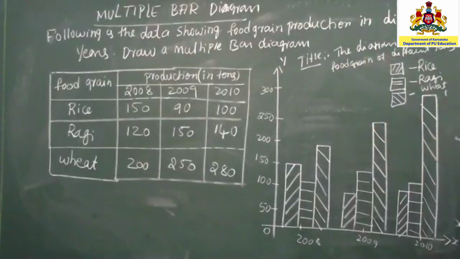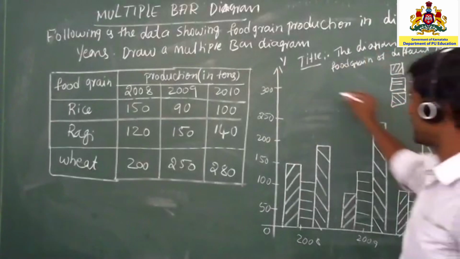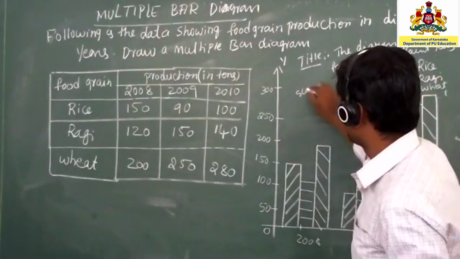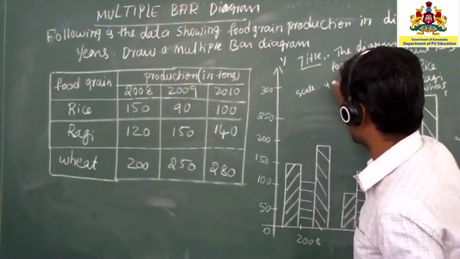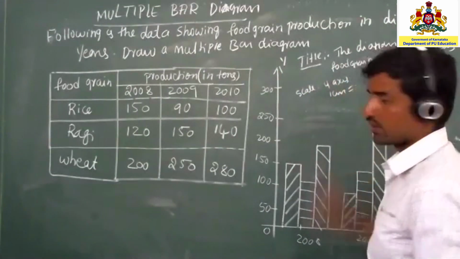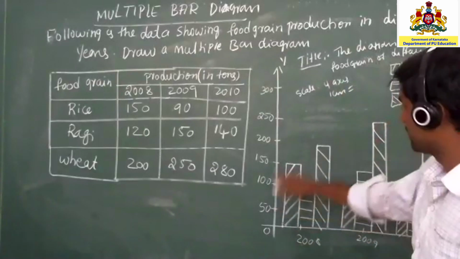Title, and similarly the scale also. The scale should be written on the right side of the diagram. Here there is no space, that is the reason I'm writing here. On the y-axis, 1 centimeter is equal to 50 units.